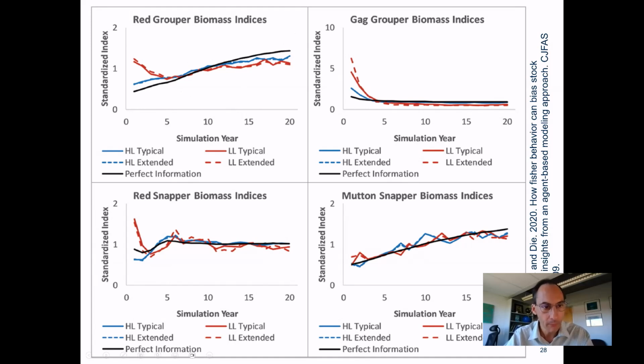The solid lines are the typical standardization using those 4 factors, and the dashed lines are the extended standardizations using the longer list. And you don't really get a better trend or fit by adding a whole bunch more variables into your standardization.